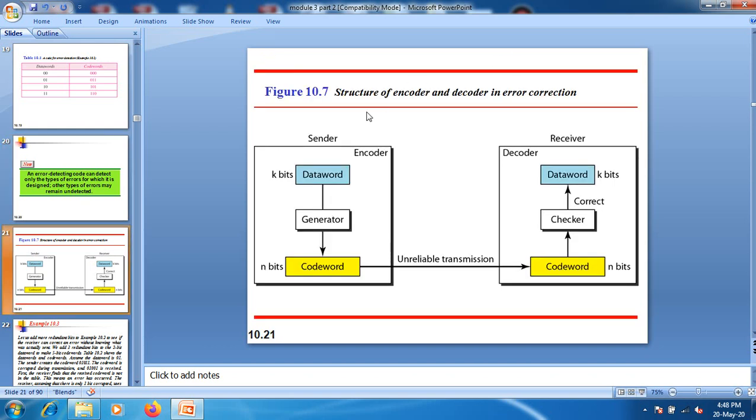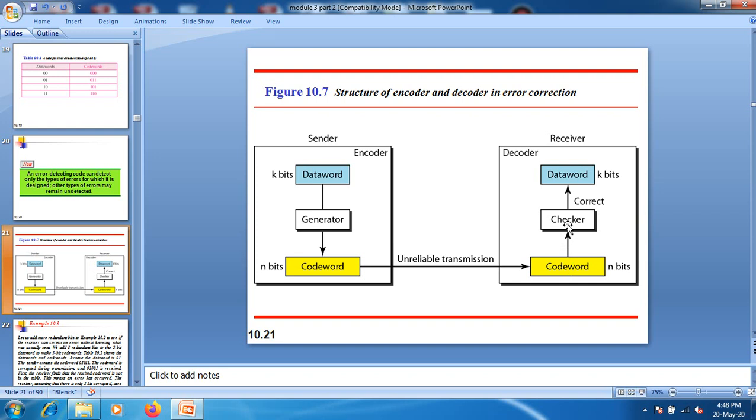That is the structure of an encoder and decoder in error correction. Okay, we have an encoder. The sender has a data word of k bits. It passes that information through the generator, and we are producing an n-bit code word. The destination, that is the receiver, receives that code word and passes it through the checker.